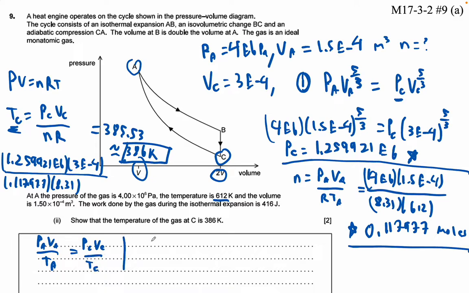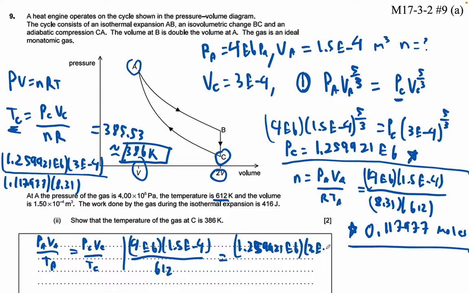So we can say 4E6 times 1.5E minus 4 over 612 equals, the pressure here is 1.259921E6 times 3E minus 4 divided by TC. Let's try that. That should work.